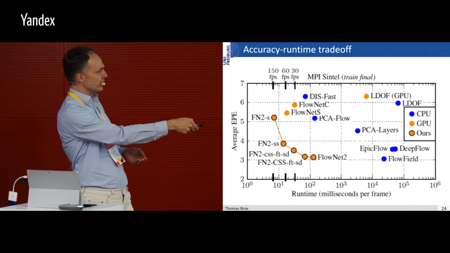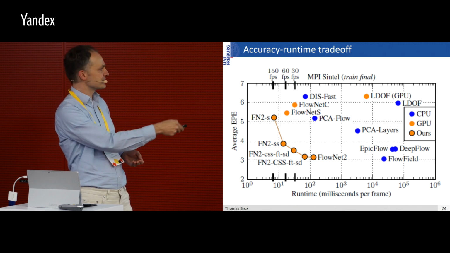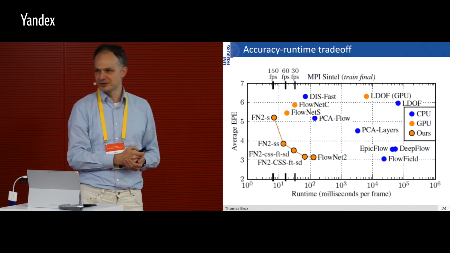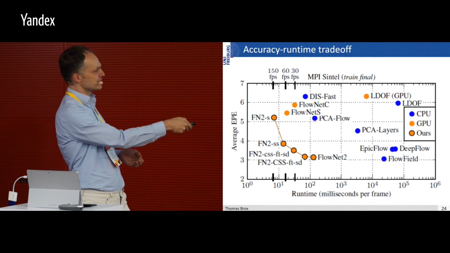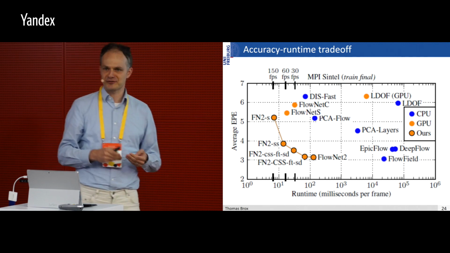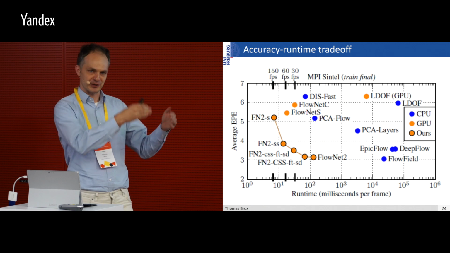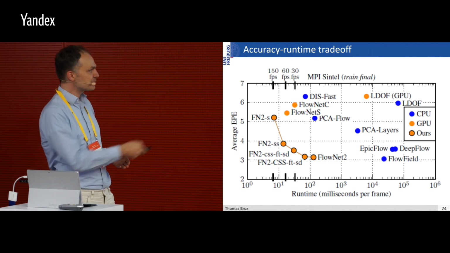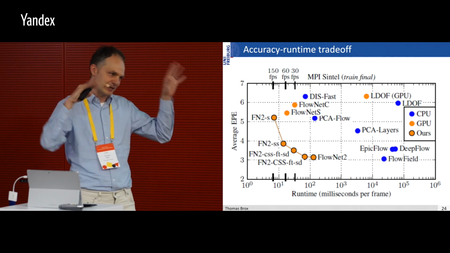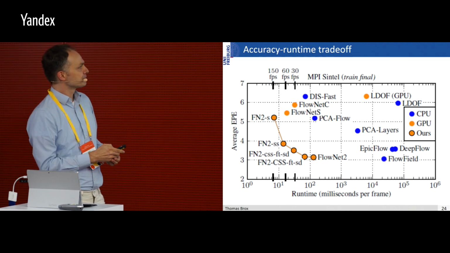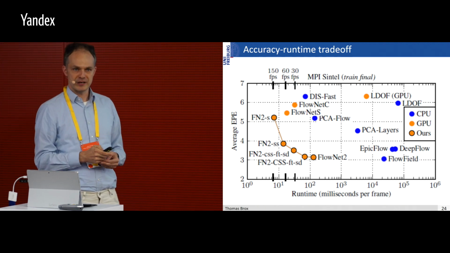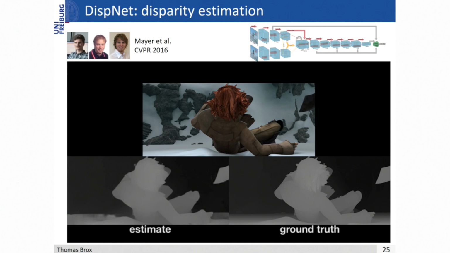So this was a state-of-the-art method, and you see you basically get the same error, but at 2 orders of magnitude faster speed. I mean, it's on the GPU, this is on the CPU, but still you don't get that speed up so easily by putting things on the GPU, especially when the methods are quite complicated and have some matching and so on involved. So we get a really good trade-off between speed and accuracy.